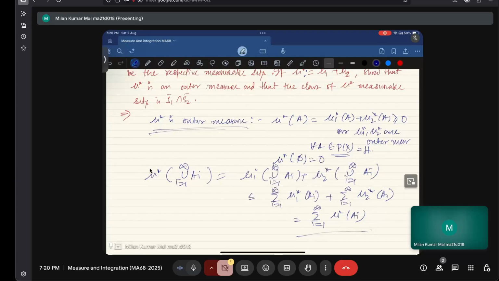Now the main fact is what the measurable sets are. So mu star is an outer measure, this is done.